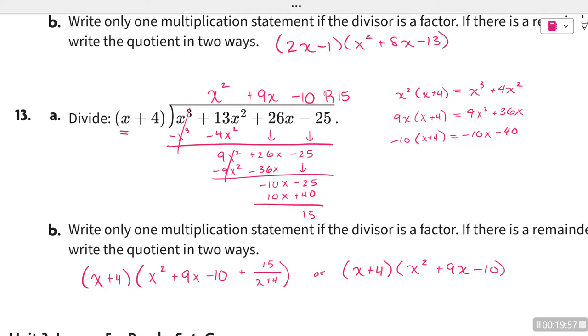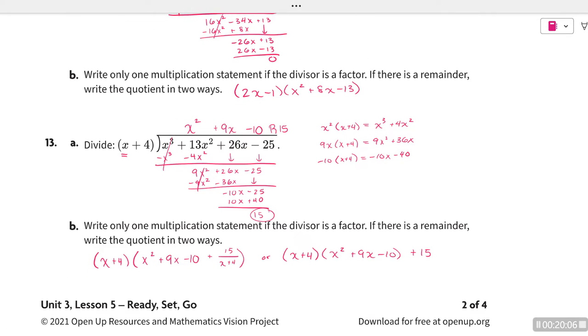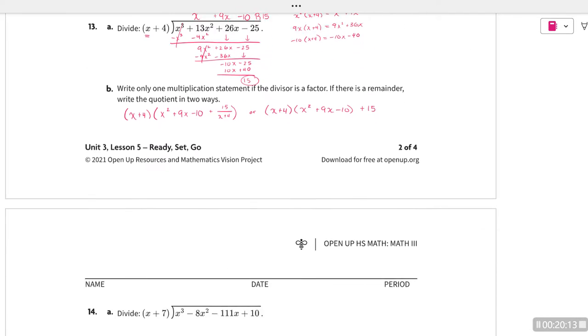That would give us everything except for that extra 15 at the end. So I just add 15 so that that last constant number, that negative 25, is actually a negative 25. So there we go. There's question 13.